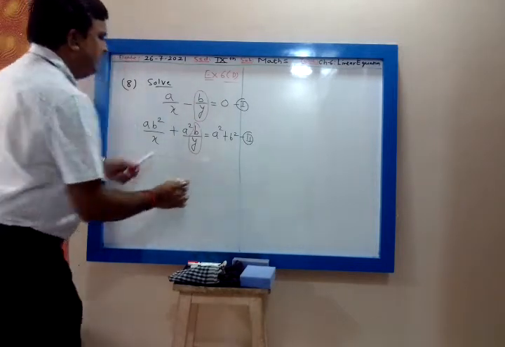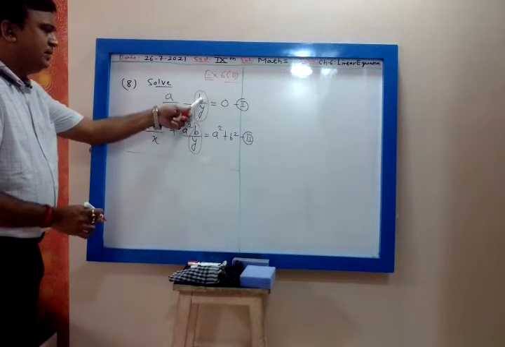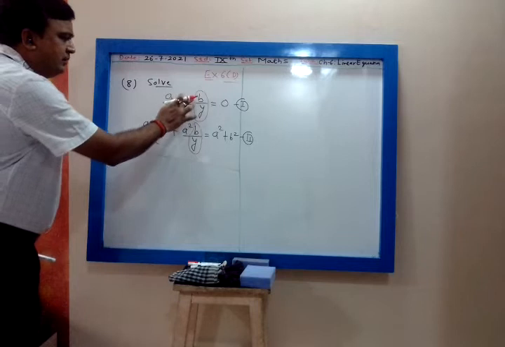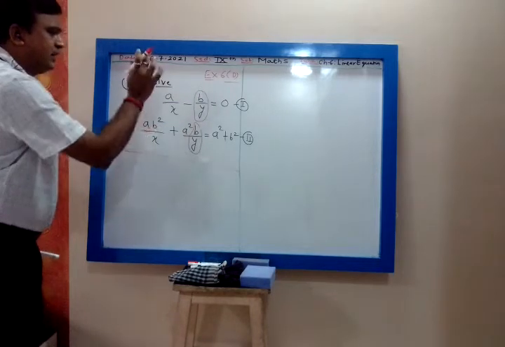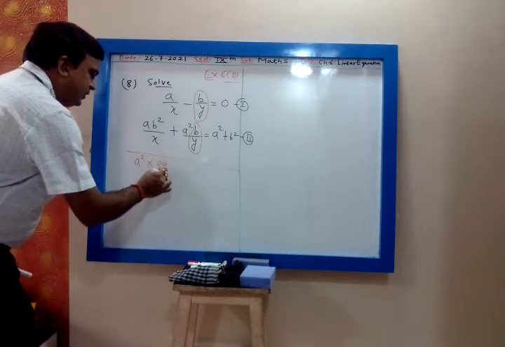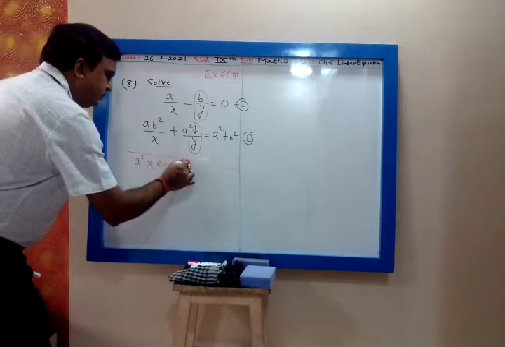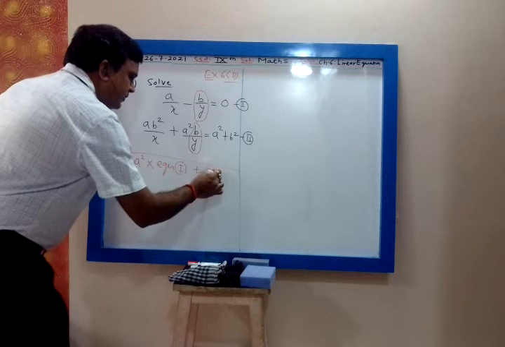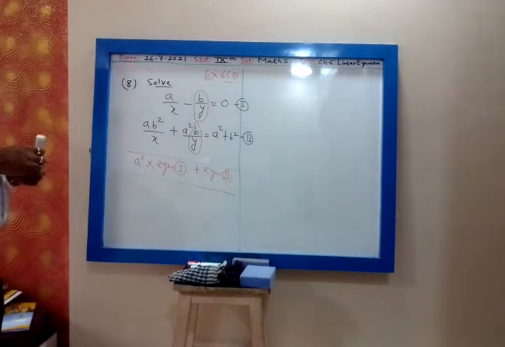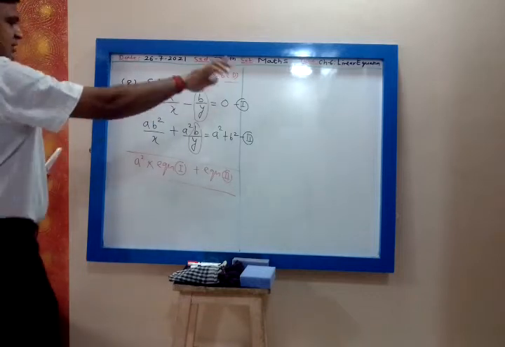Is it clear? B upon y is there. Now to make the coefficient of y equal, I will multiply equation 1 with a square, plus equation 2. So multiply each by a square.